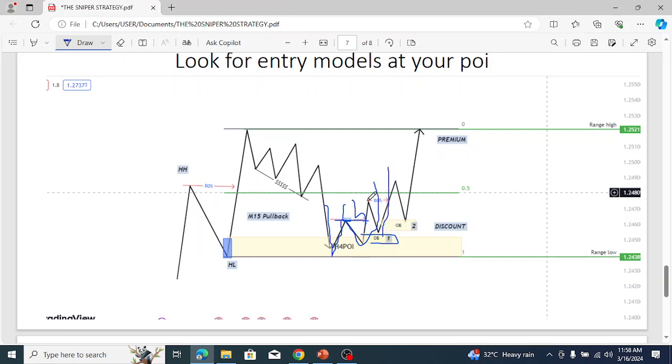The confirmation entry is that you wait for the first break of structure, an impulse that breaks structure, a successful retrace, then a break of structure, a successful retrace that broke a structure. I don't know if you understand what I'm saying. Let me go back again. I'm saying an impulse that broke structure, a successful retrace that broke a structure, right?